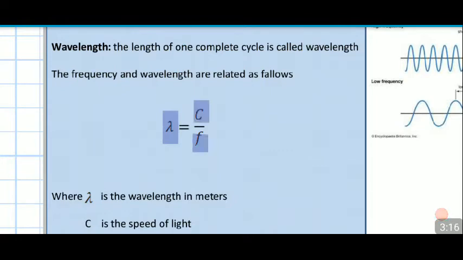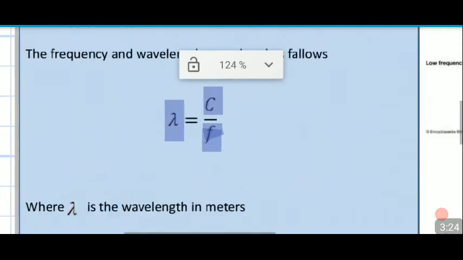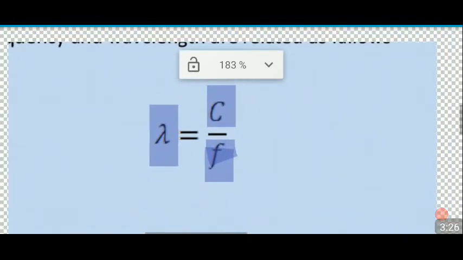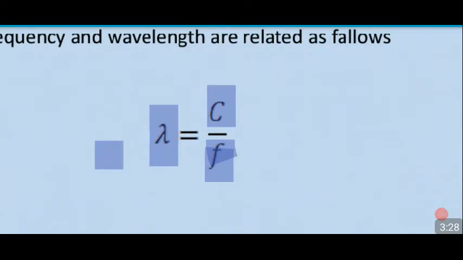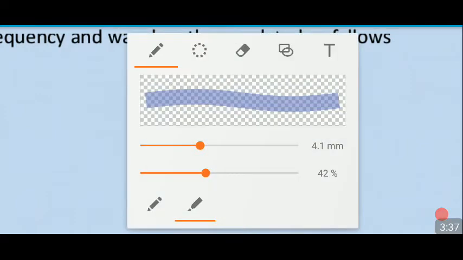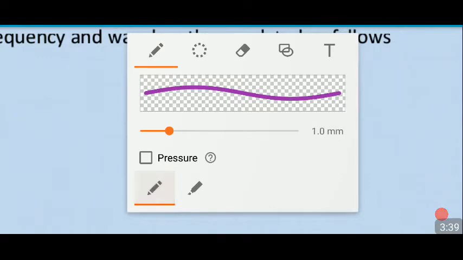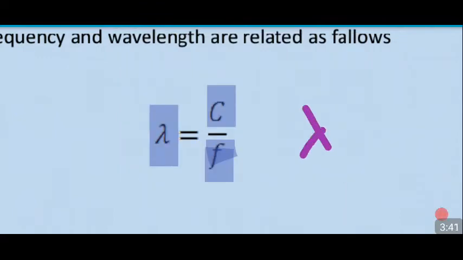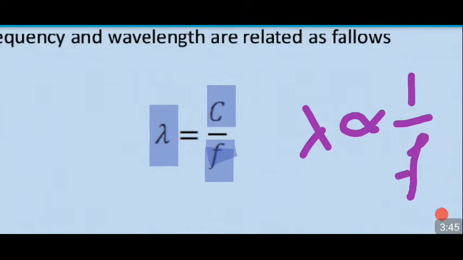These three are the things that we are going to relate, wherein the wavelength lambda is always given by c, the speed of light, divided by the frequency f. Lambda is inversely proportional to frequency.